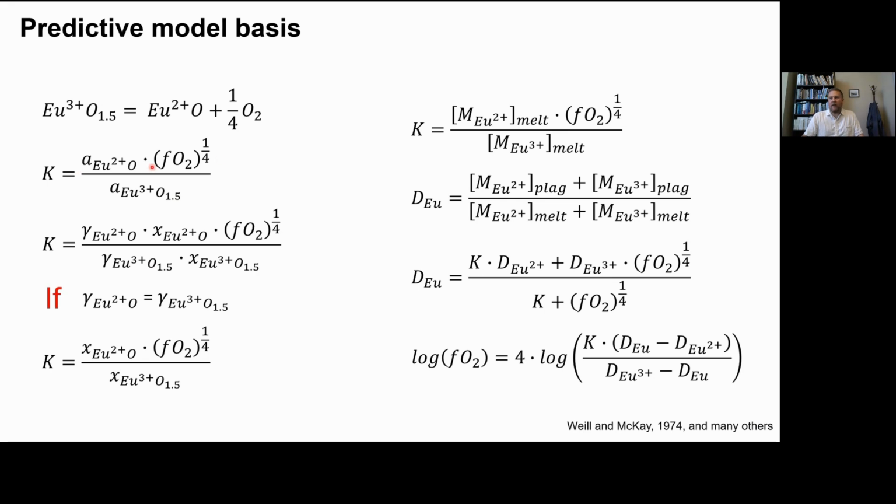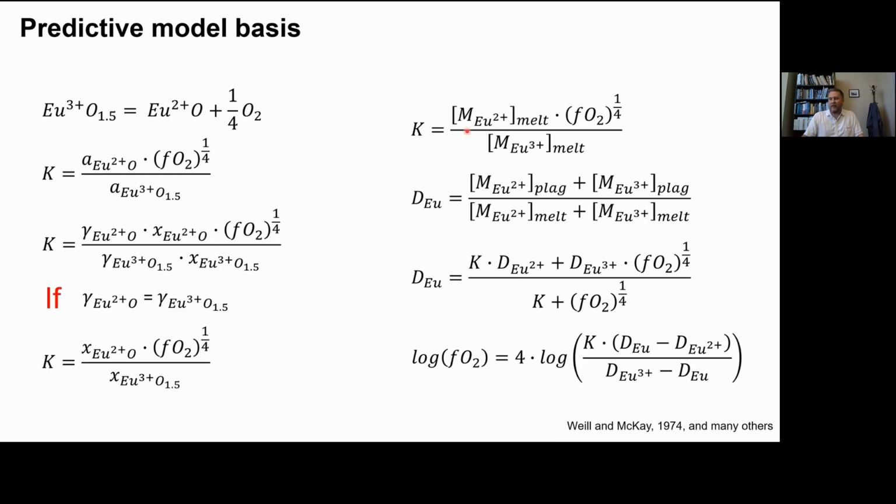In the numerator, here we have the activities of the products, and in the denominator, the reactants. Break the activities into mole fractions and activity coefficients, making the simplifying assumption that the activity coefficients are equal, they cancel, and we're left with the mole fractions in the numerator and denominator, and then converting those to mass fractions.